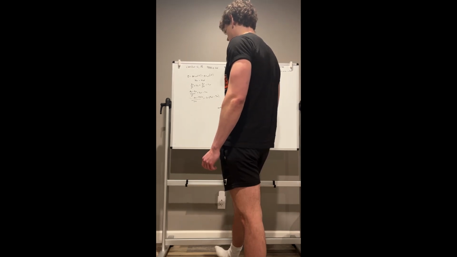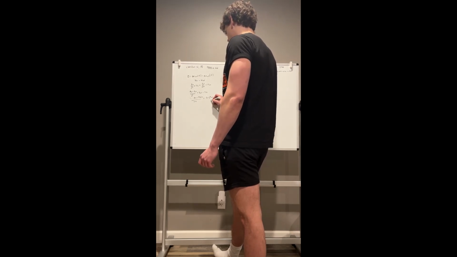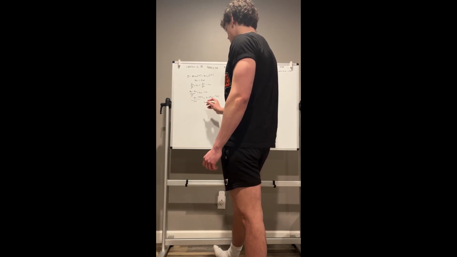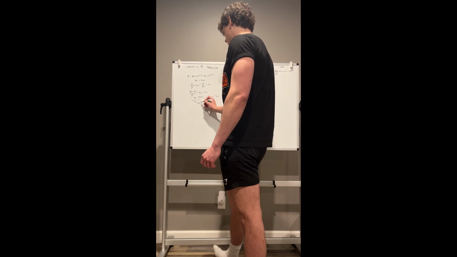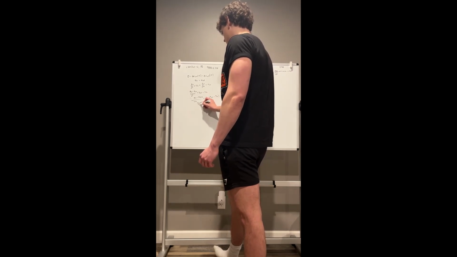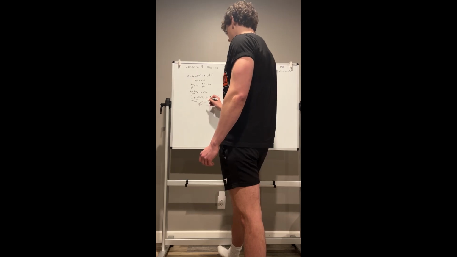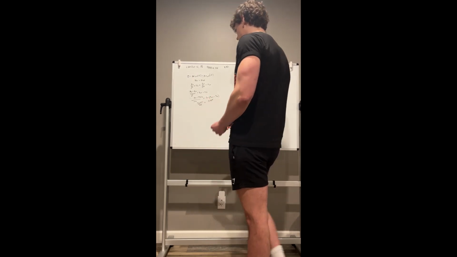In our situation, we'll just call this delta T, what we're solving for. So this will be 900,000 over 1,000 is equal to CV delta T.